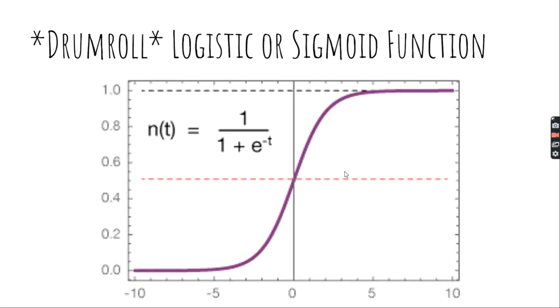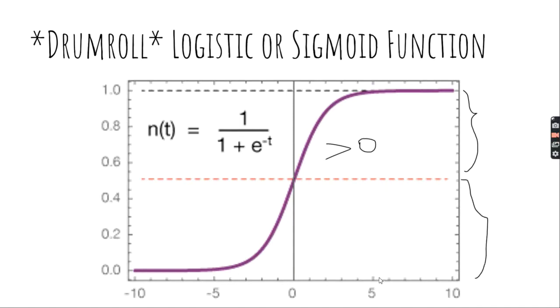Now just take this in for a second and you'll observe that for any positive value on the x-axis, the output is between 0.5 and 1. And for any negative value, it is somewhere between 0.5 and 0.